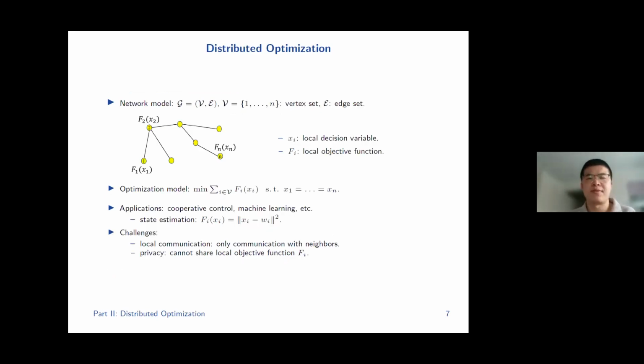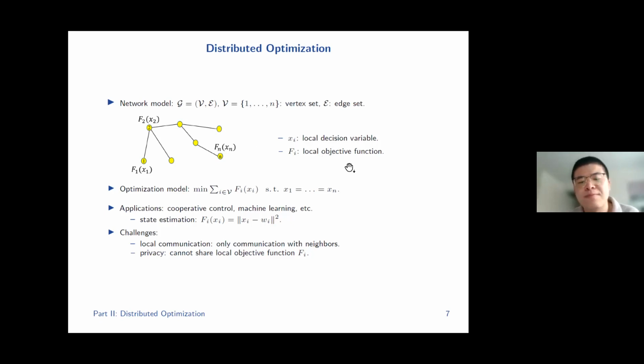Now we introduce the problem that we focused on, which is an important class of distributed optimization problems. The network model is described by a graph G, where V is the vertex set and E is the edge set. In this network, we require each node to have a local decision variable xi and a local objective function fi, which measures the cost for making the decision xi for node i.